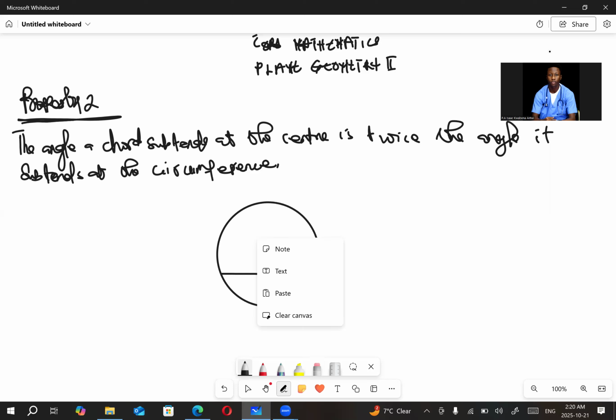In this topic, you don't assume centers for the question. You must be told the center is a center before you can say it has a center. Do not assume. For the diagrams I'm making, O is a center.